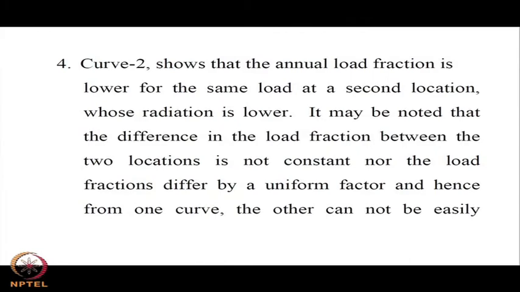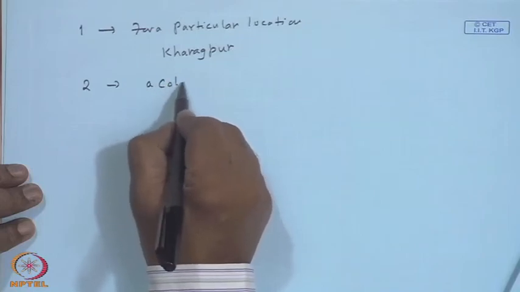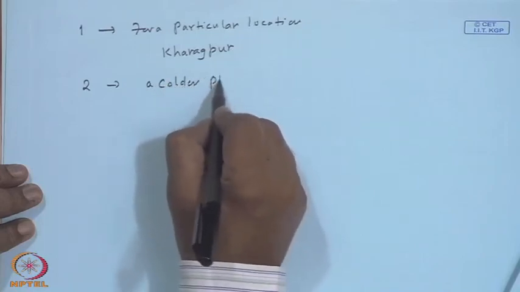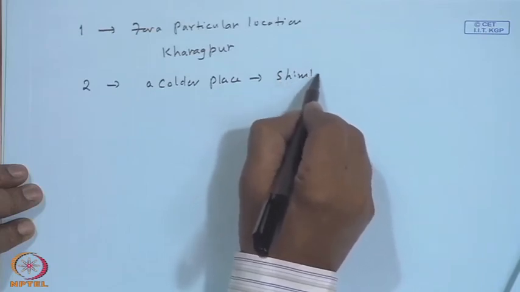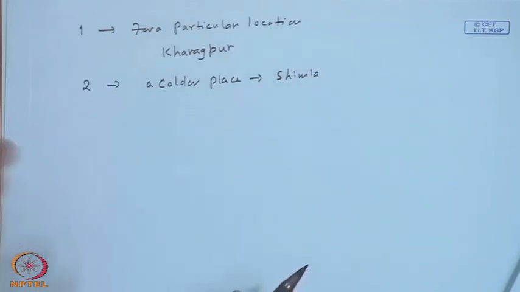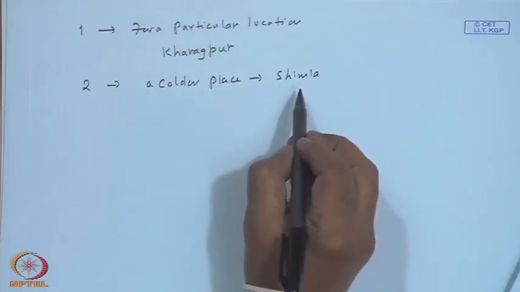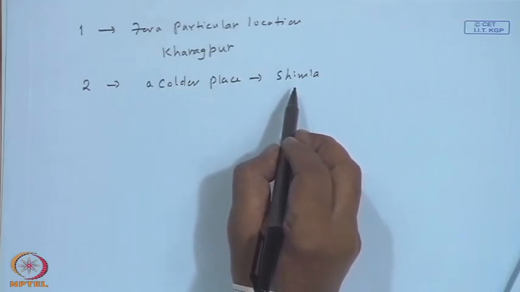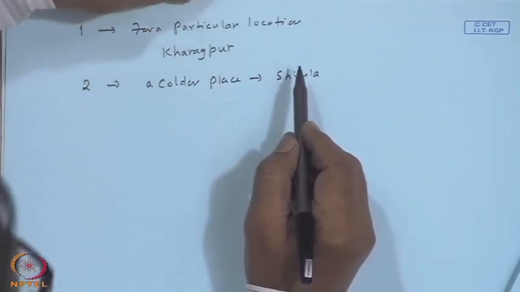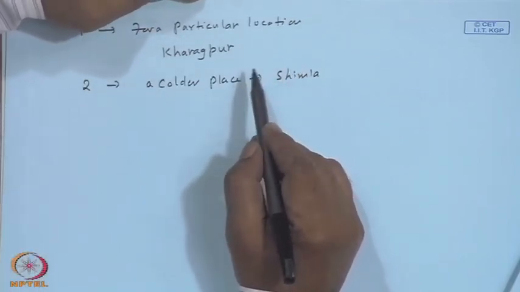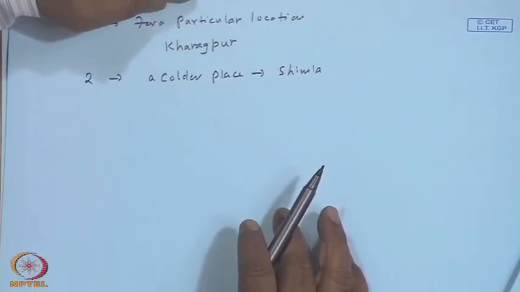This may be a colder place, maybe Shimla. So, the same system, if you put it in Shimla or a cold place, it will deliver energy maybe the same or less, because my solar radiation is less, but the solar load fraction will be less on two counts.